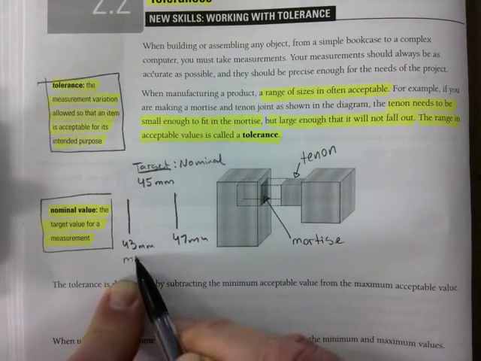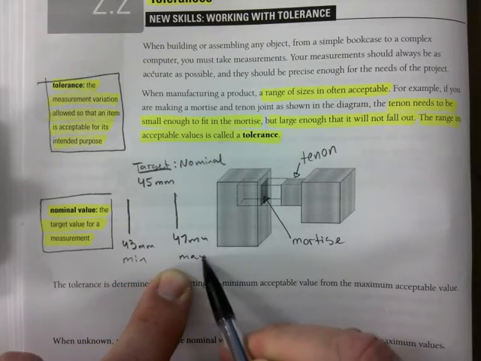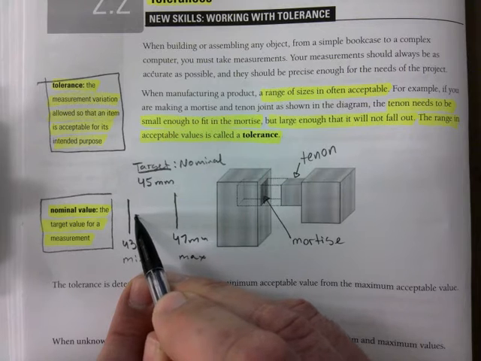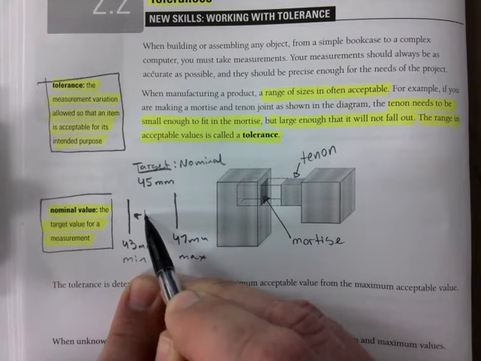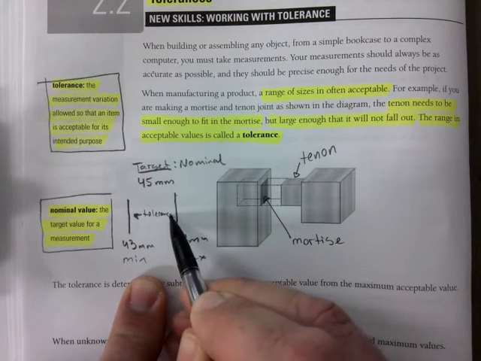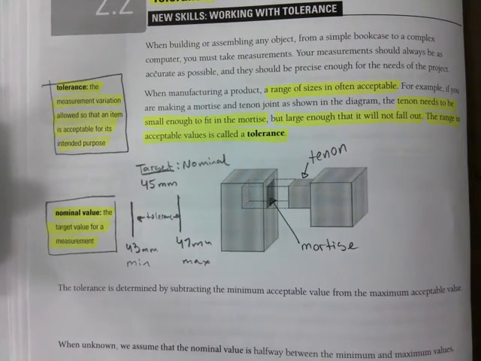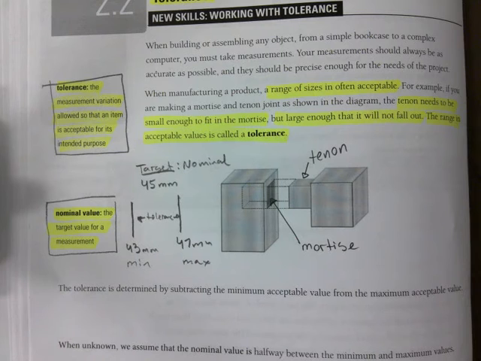So this would be the min and this would be the max. This is the tolerance, the difference. 43 was still acceptable, 47 is still acceptable. If it's not, I had to go back and recalibrate the machine.